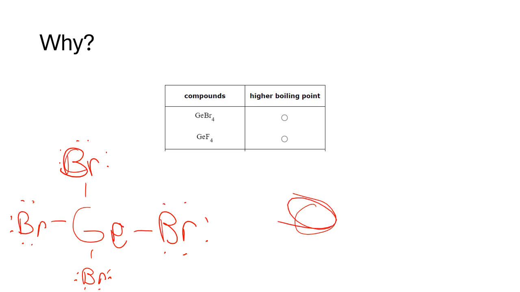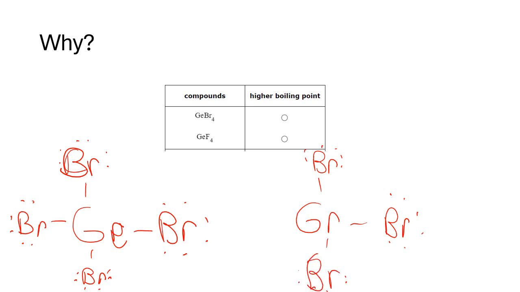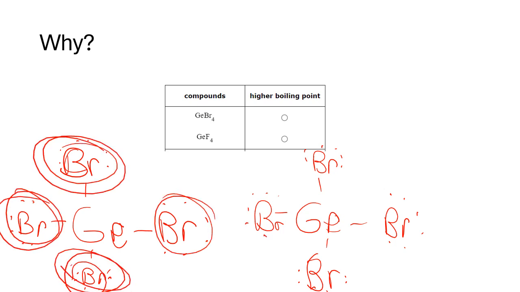If the attractions between two GeBr4s have a greater dispersion force, like all these electrons here, there's more electrons and more protons, then they're less likely, it's less likely for that dispersion force to break and it to become a gas.